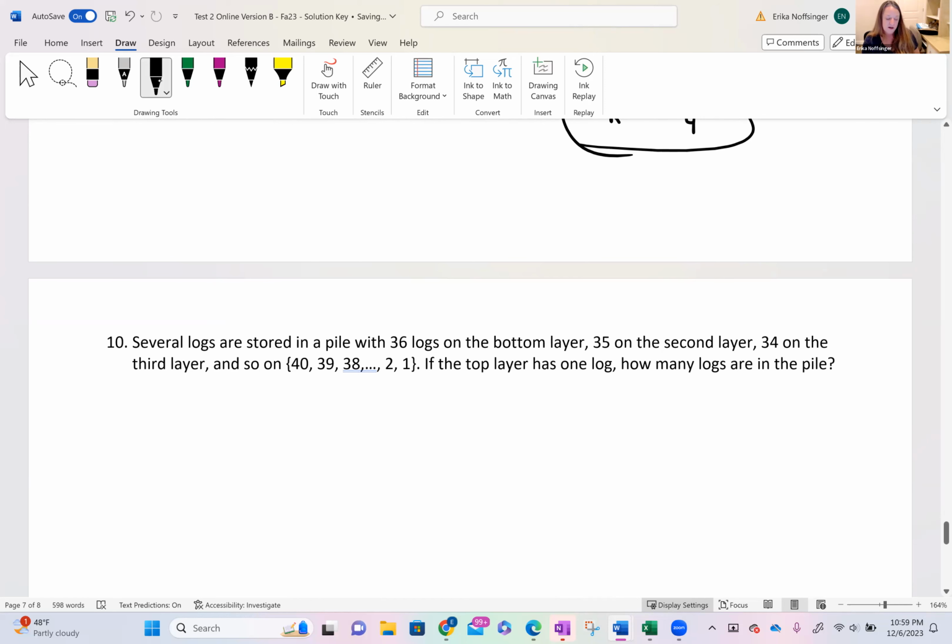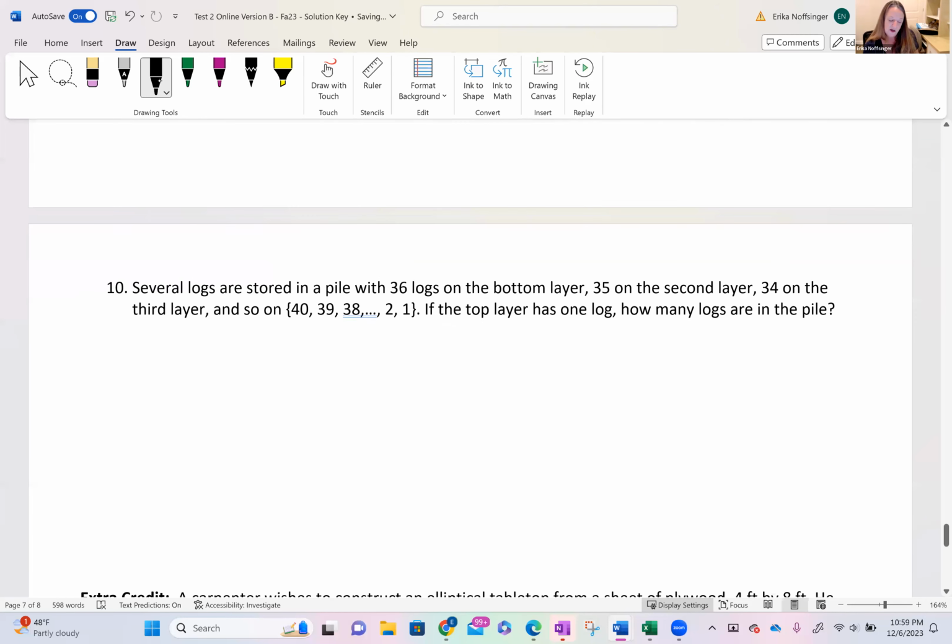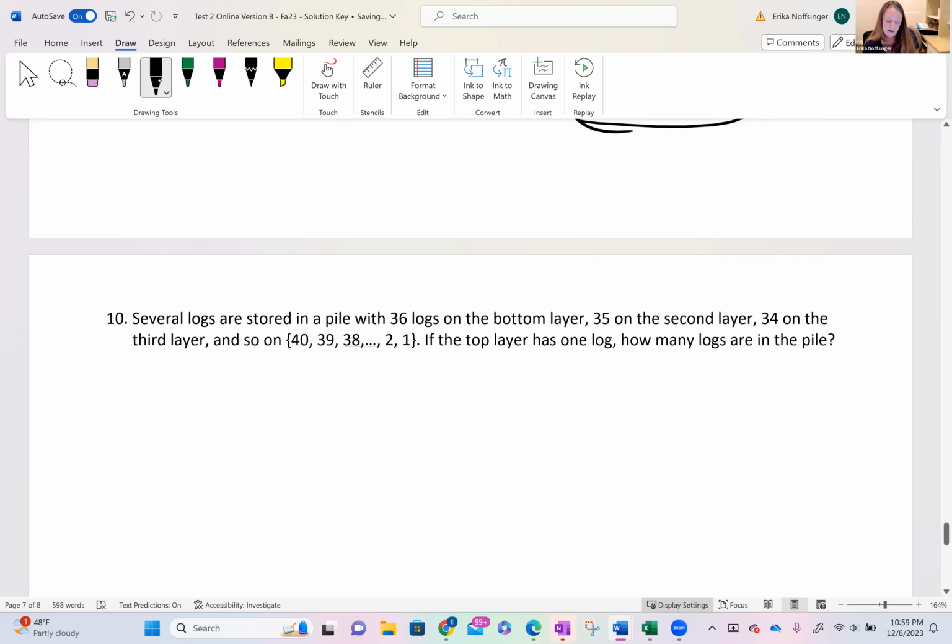Several logs are stored in a pile with 36 logs on the bottom layer, 35 on the second layer, 34 on the third layer, and so on. So we have 40. There's a typo there. No one caught that and said anything in class. So this should have been 40, 39, 38.